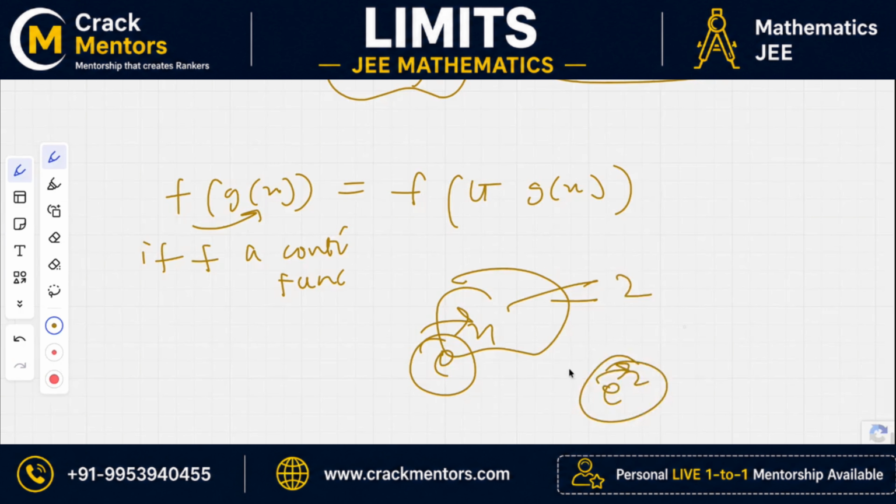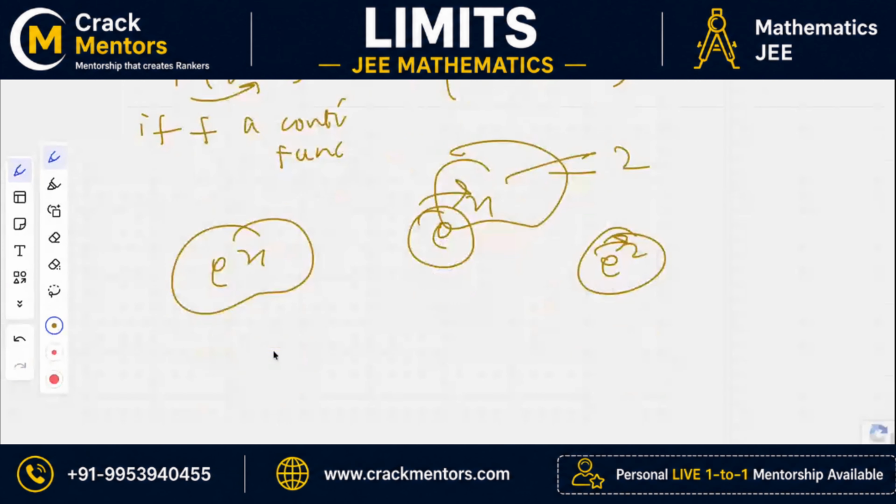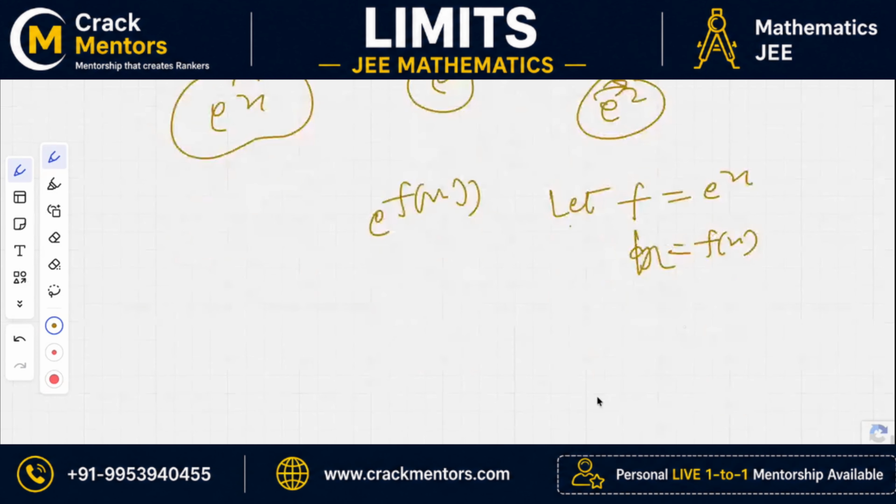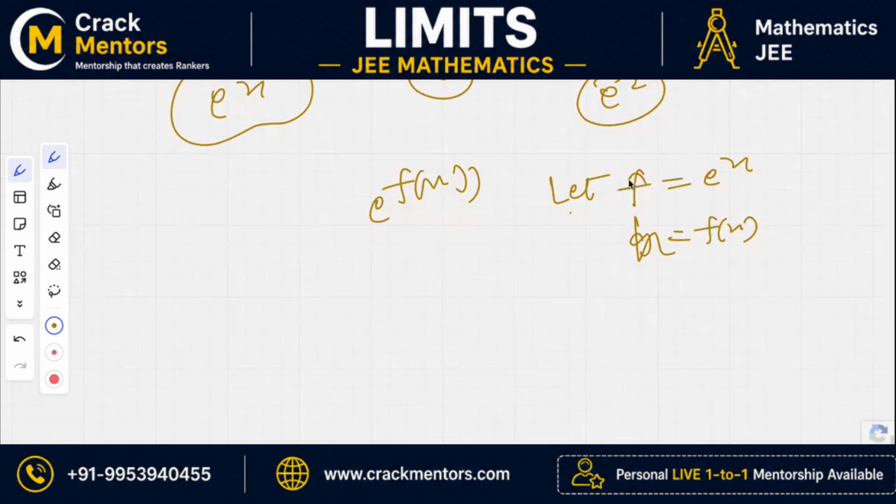Why? Because e power x is a continuous function, so you can think of it as a chain inside a chain, basically a composition of functions. For example, let's say we have e power f of x. Do you realize how this is a composition of functions? Let the base function be e power x, let this be g, and the inner function h.